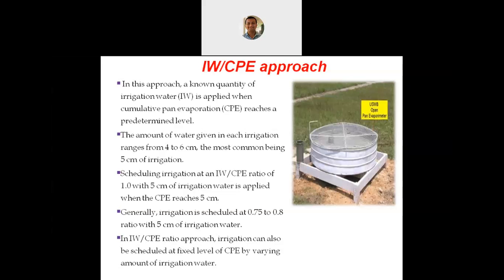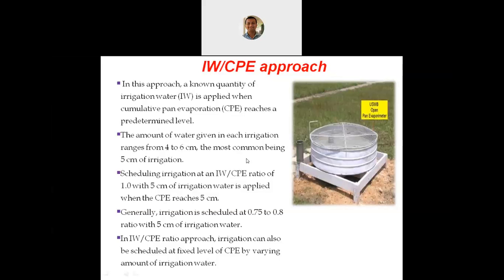The values of the ratio may vary from 0.5, 1 or maybe 1.5. It varies based on the crop from place to place. Here the basic idea is that how much irrigation water will be applied is predefined, or the depth of irrigation water is predefined.